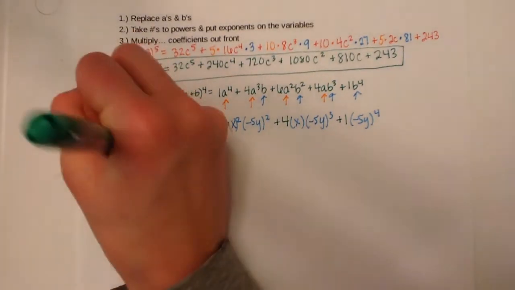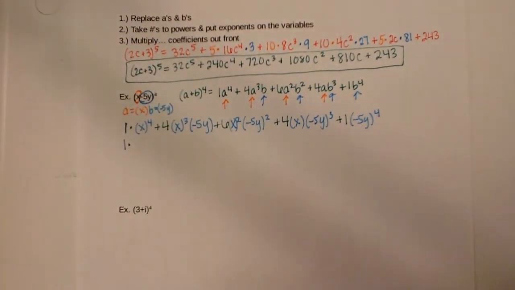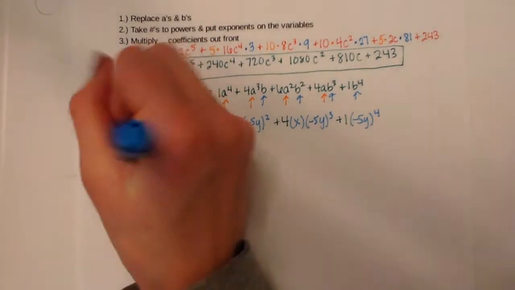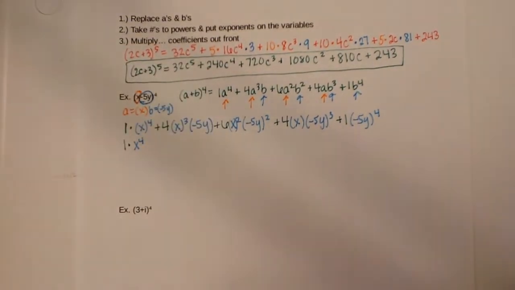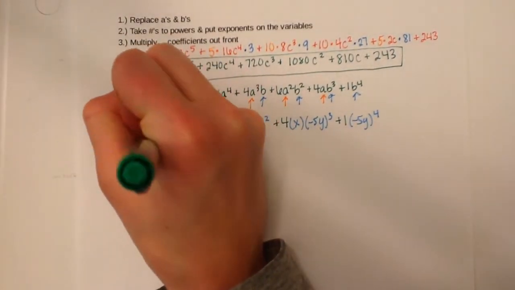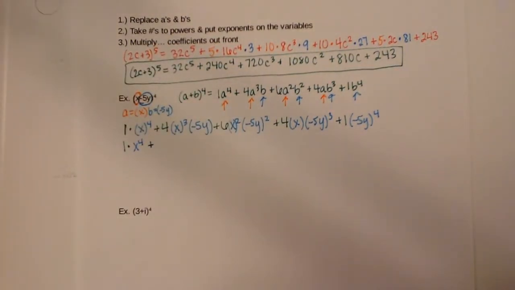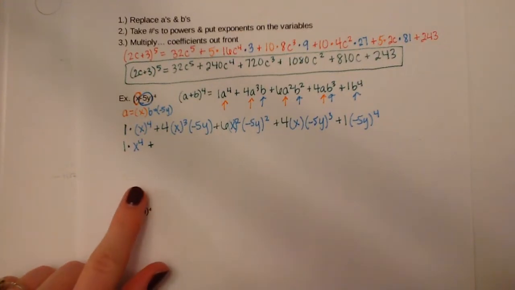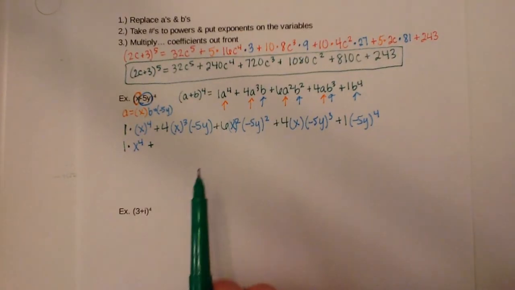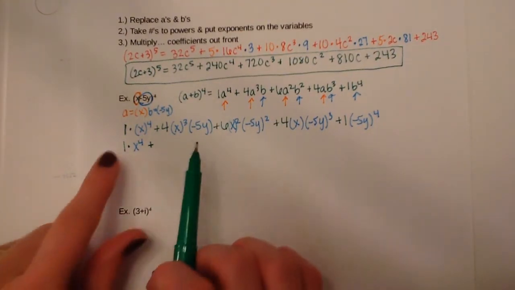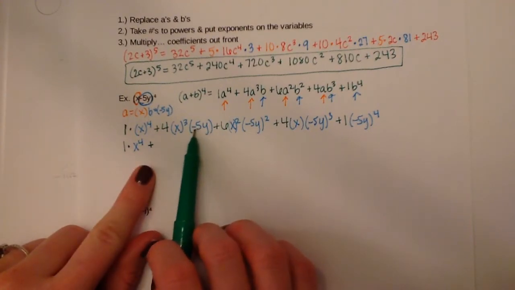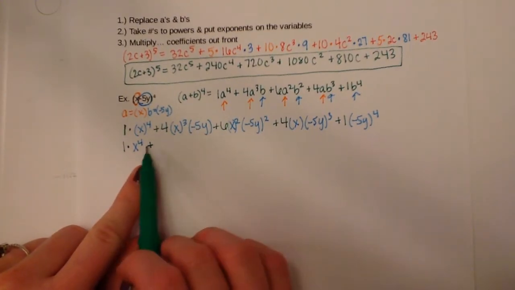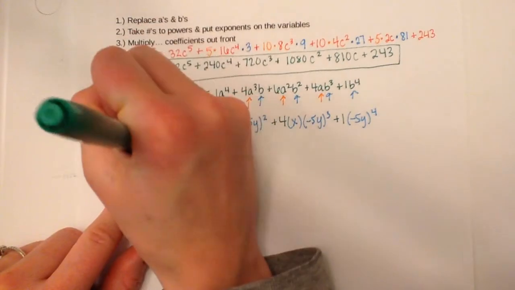Alright, so let's simplify it a little bit. So we have 1 times, so we just have x to the 4th, plus, we know if we're going to multiply negative, that's going to change this to a minus, not a plus.